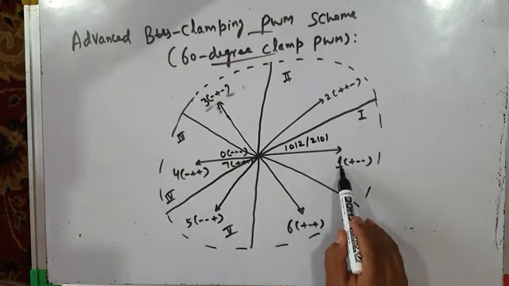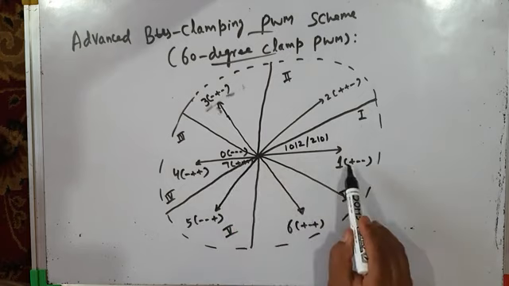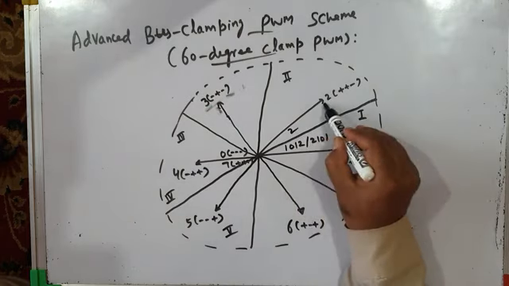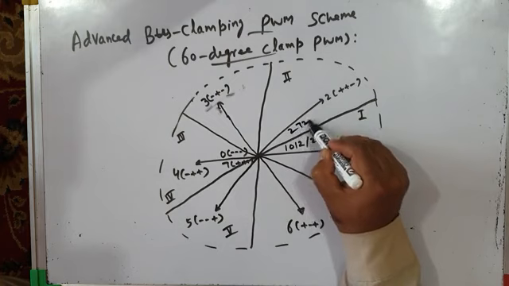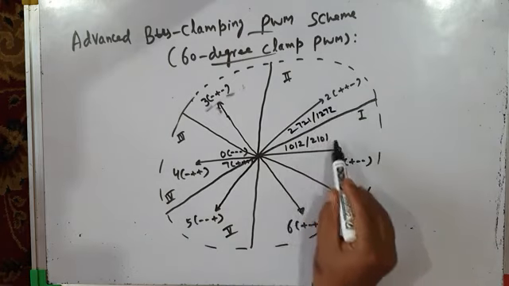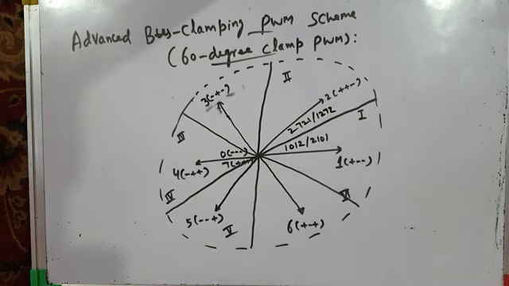Active vector 1, then null vector 0, then 1 again, then 2. Double switching clamping sequence, or advanced bus clamping sequence. Then 2 first, and then 7: 2 7 2 1, 1 2 7 2. These advanced bus clamping sequences just a few moments back we have studied.